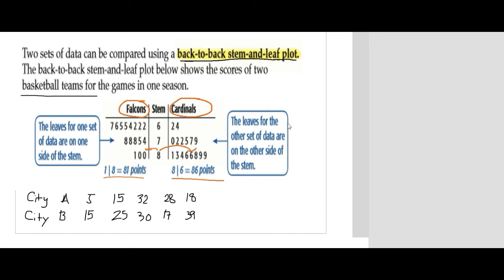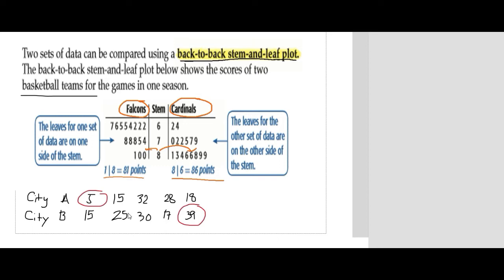So how do we make this into a stem and leaf plot? You have to make sure that you first identify the least and the greatest value in both of your two sets. The least value here is 5, while the greatest is 39.